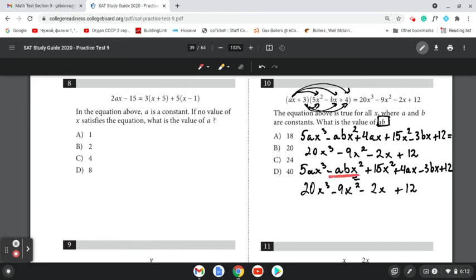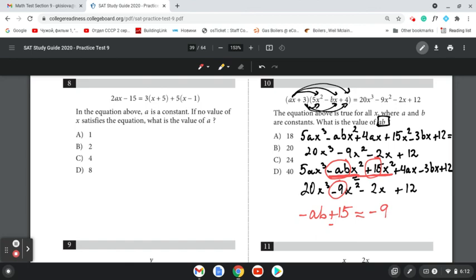The negative abx squared and positive 15x squared. So which are the coefficients of x squared on the left? I have negative ab and positive 15. That has to be identical to the coefficient of x squared on the other side of the equation. It turns out to be only one, negative 9.